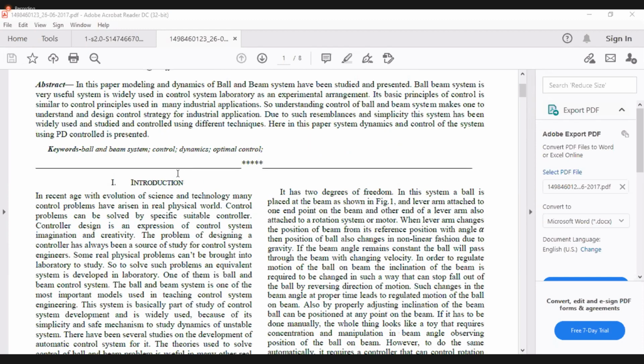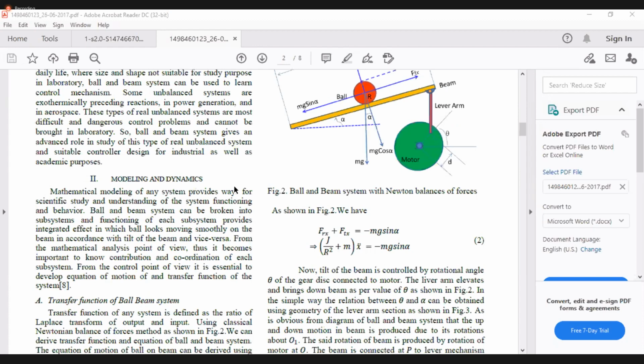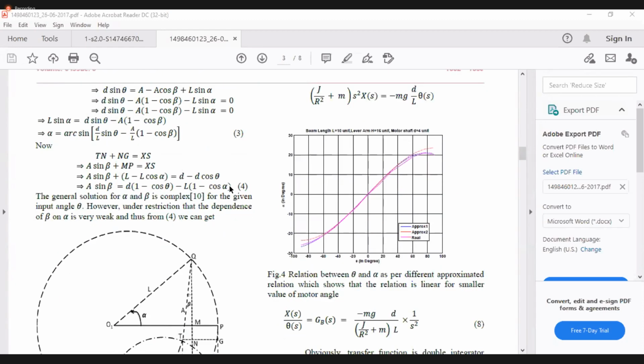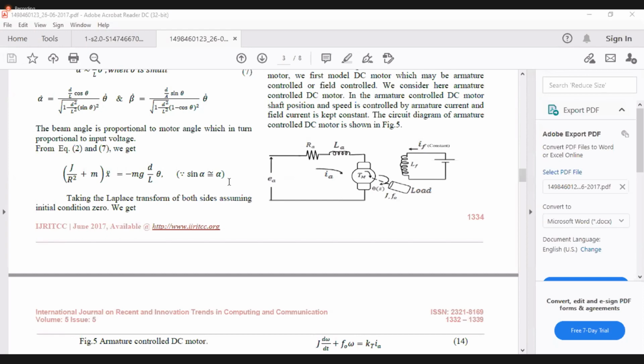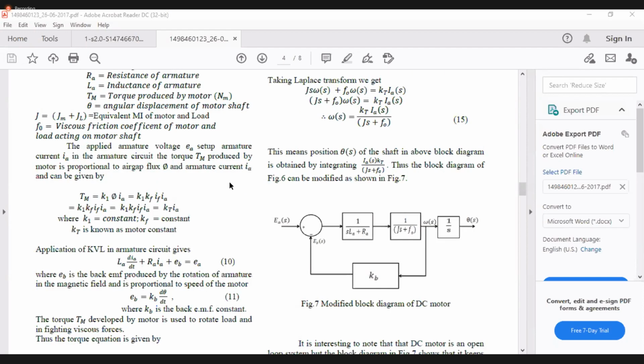We're going to talk about the ball and beam system, the introduction, and the modeling of the system, so how we derive the transfer function for the system, which I will send to you a derivation of.